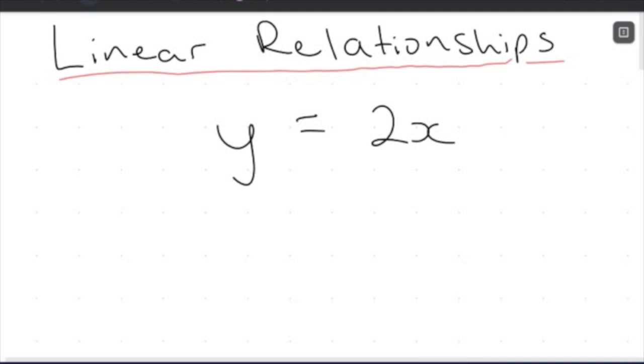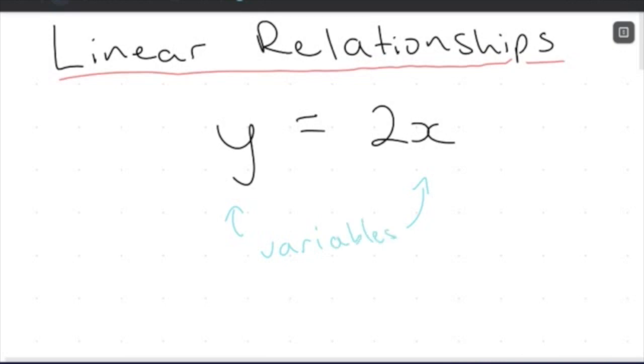With our equations, we previously would have had, say, 2x equaling some number, and we can find a value of x that satisfies that. But here we have two unknown things. We have a y and we have an x. And we call these things variables.